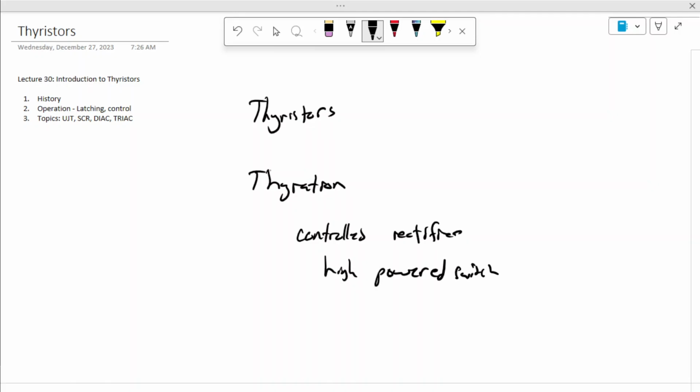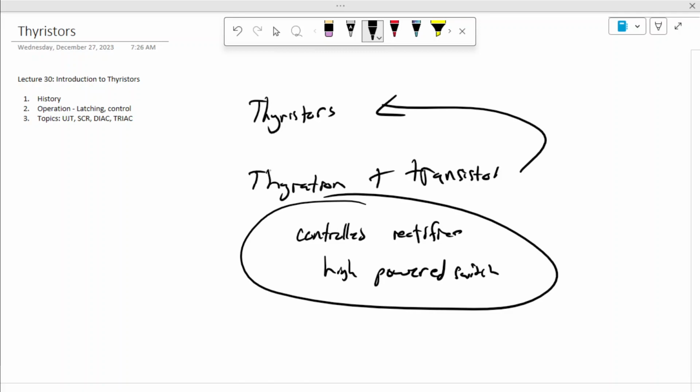And if you take thyratron and kind of add the word transistor, you get the word thyristor. And it really does the exact same thing that the thyratron did. It gives us controlled rectification, and it allows for high-powered switching.